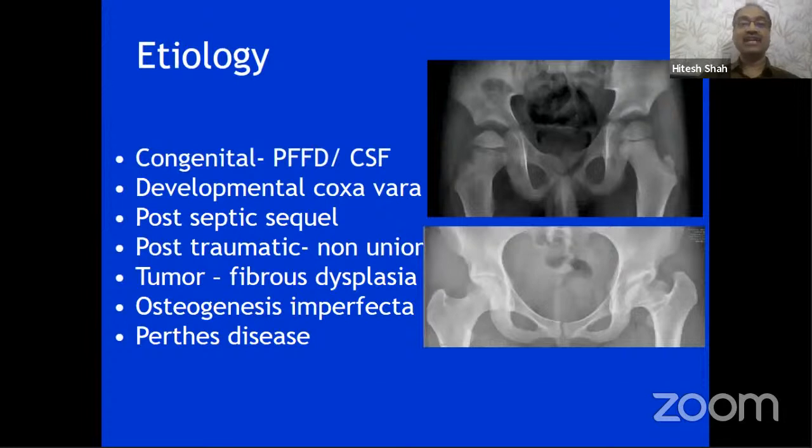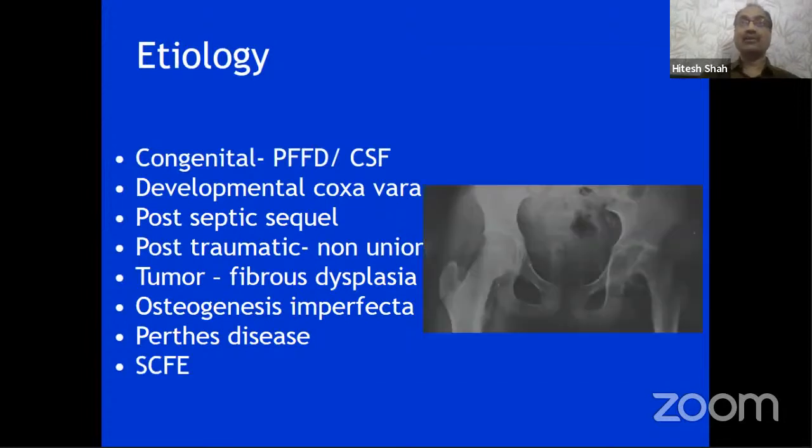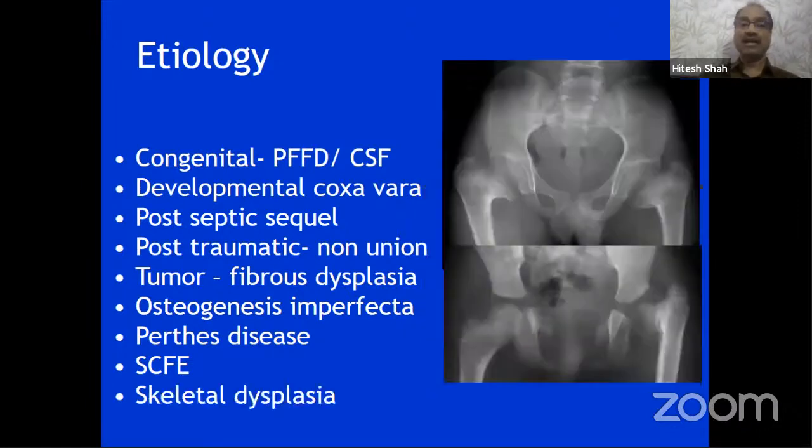All these conditions can lead to the varus deformity. As the child grows into adolescence, it may be slipped capital femoral epiphysis. But the identical outcome for all these conditions may be coxa-vara.